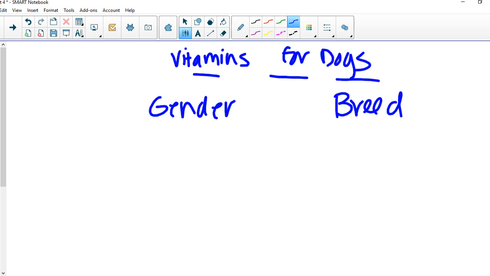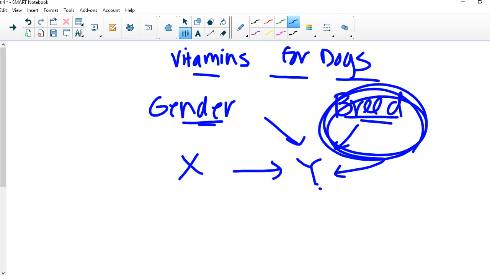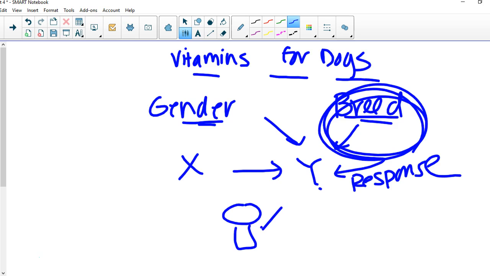What is affecting this? What could be a stronger lurking variable? Is gender going to be a stronger lurking variable, or is breed? In my opinion, from what I know about dogs, breed is going to have more of an effect on this response. So what am I going to do? I'm going to block by breed and have separate hats for each breed.